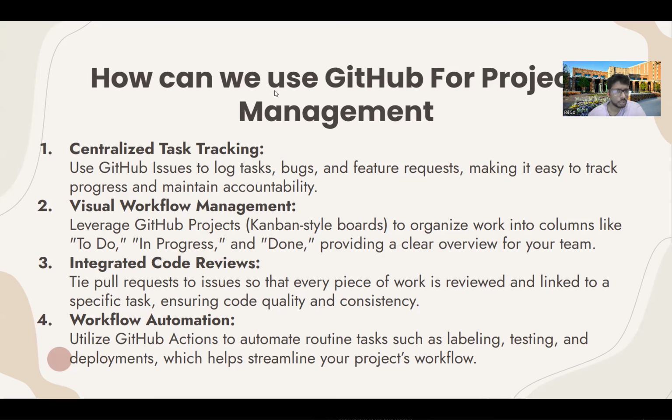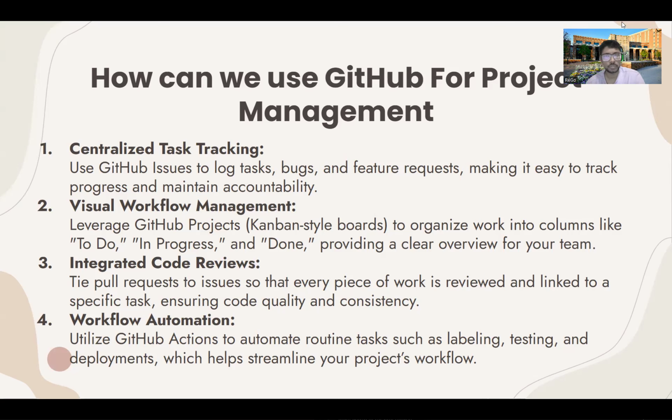I'm back. So how can we use GitHub for project management? Let's talk about the features GitHub has. It has features like centralized task tracking. There's something called GitHub Issues where you can create a thread detailing the issue. You can classify it as a bug, task, or a feature request, making it very easy to track.